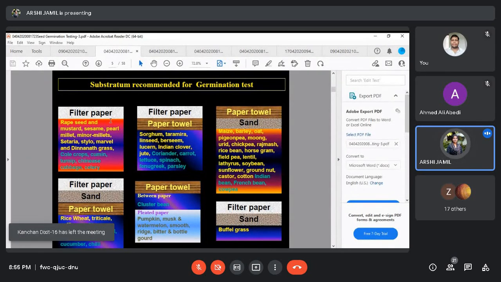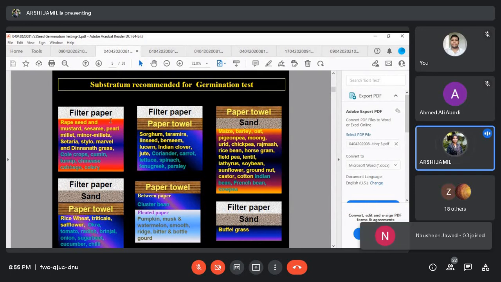Filter paper or paper towel are both recommended for sorghum, linseed, berseem, coriander, carrot, lettuce, spinach. Then paper towel and sand test we go for in maize, barley, oats, sunflower, groundnut, French beans and other Indian beans.